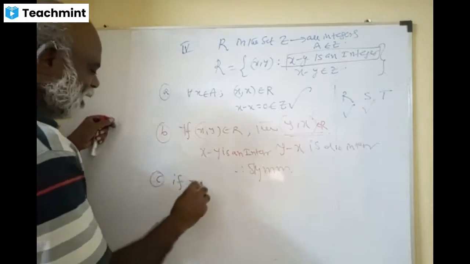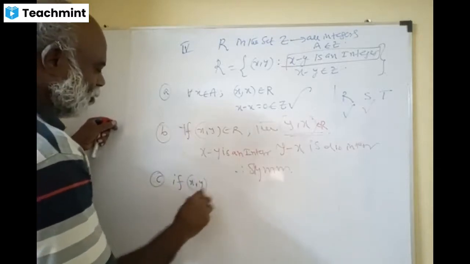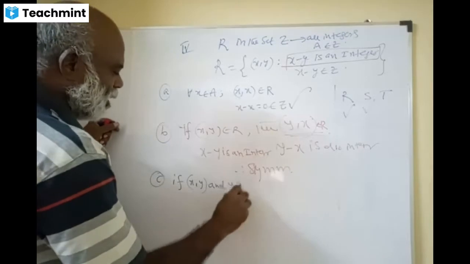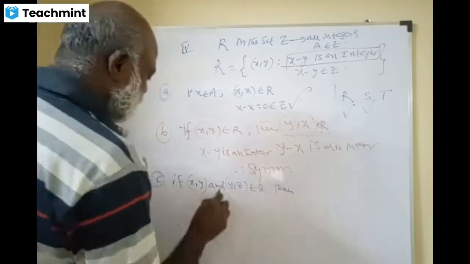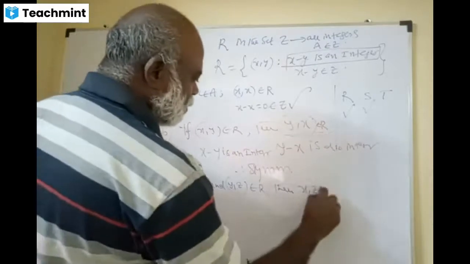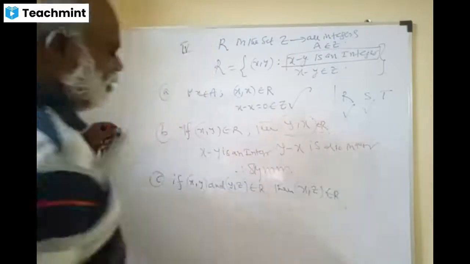Now, the third condition. If (X, Y) belongs to R and (Y, Z) belongs to R, then (X, Z) belongs to R. This we have to verify now.